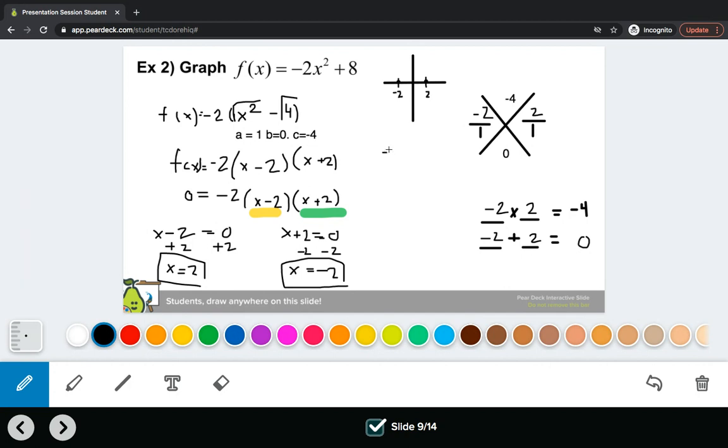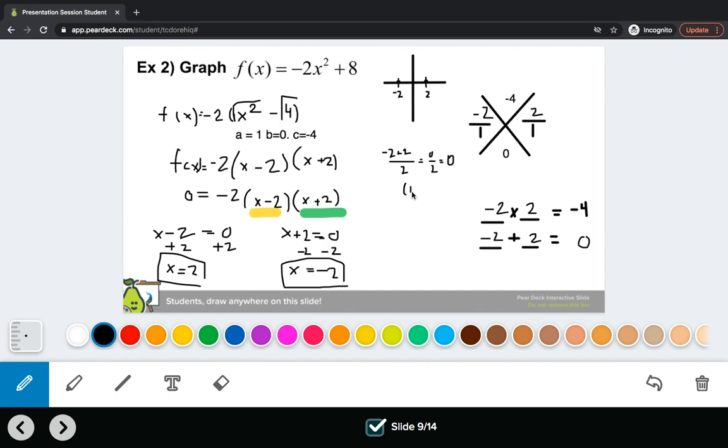So I'm going to do -2 plus 2 and then divide it by 2, which 0 divided by 2 is just 0.